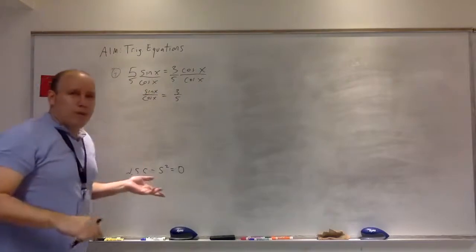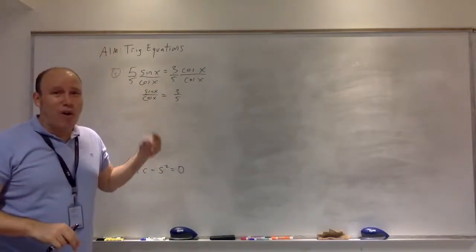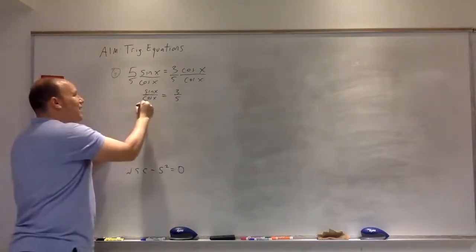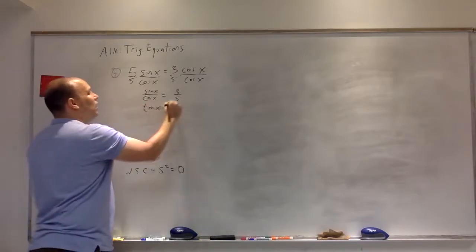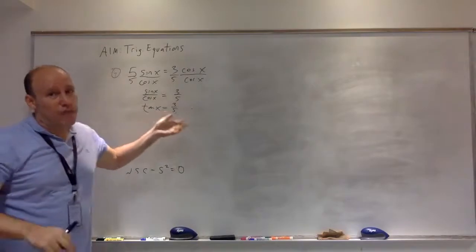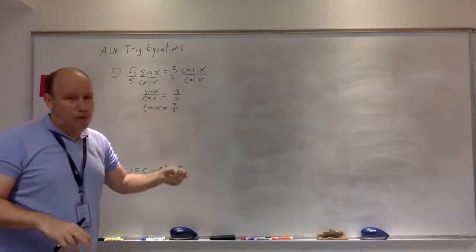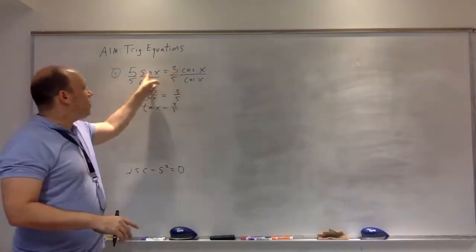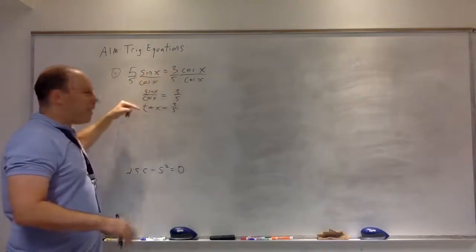And you might recognize that sine over cosine is an actual identity. It's tangent of x equals 3/5. And you take the inverse tangent of 3/5. It's the first and third quadrant. But recognize this. It shows up here and there.